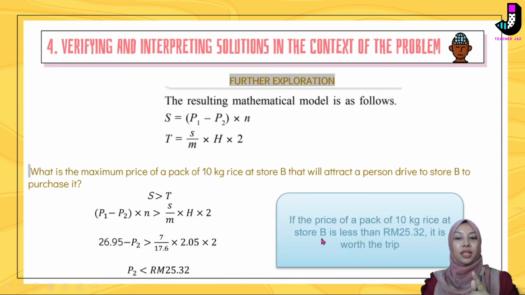Okay, means that if the price of a pack of 10 kilogram rice at store B is less than 25 ringgit and 32 cent, then it is worth the trip. Maksudnya kalau harga dekat store B tu adalah kurang dari RM25.32, barulah berbaloi perjalanan tu. Kalau tak, dia tak berbaloi. Okay.